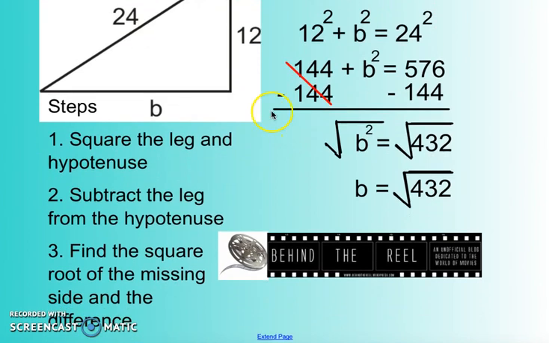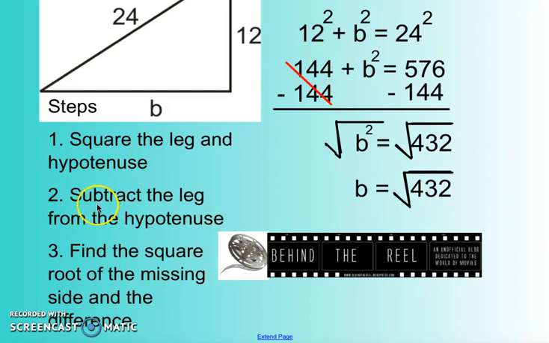So that's step number 1. We subtracted the leg from the hypotenuse. And the reason why it says subtract instead of doing the inverse operation is because your distance of the leg will always be positive. So no matter what, the inverse will always be subtraction.